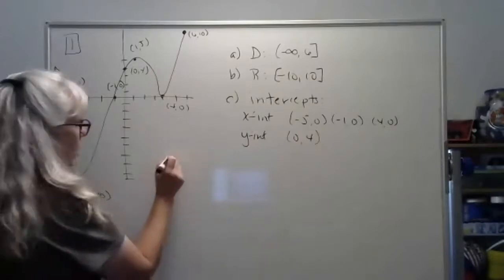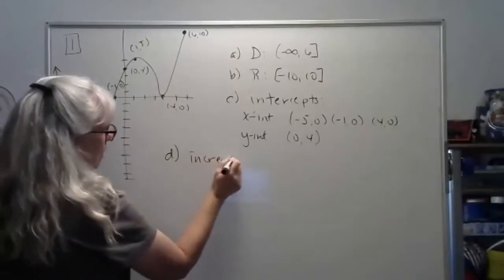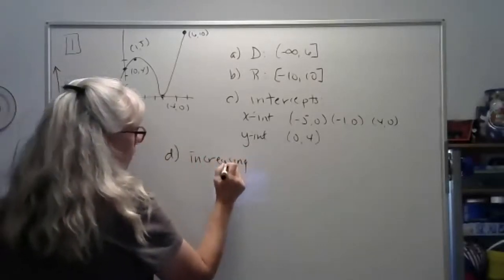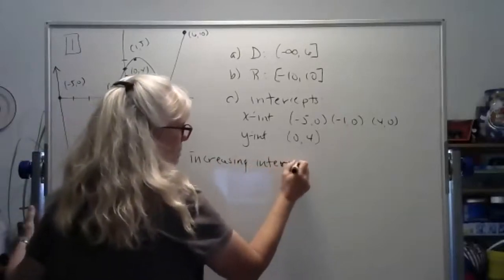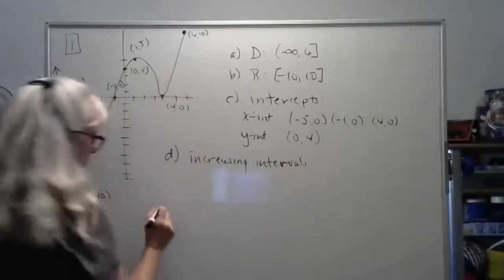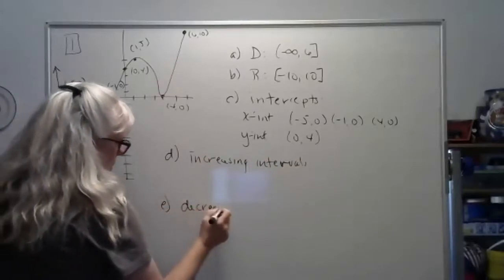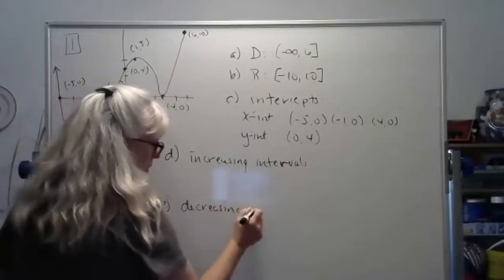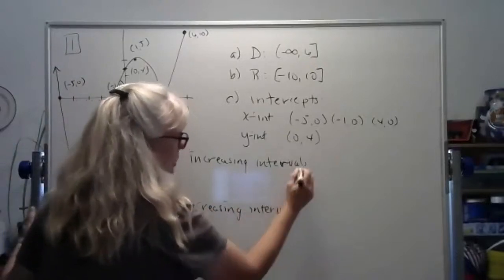Okay, D is the new part. We want to know where it is increasing intervals. We also want to know the decreasing intervals. So where is it decreasing?